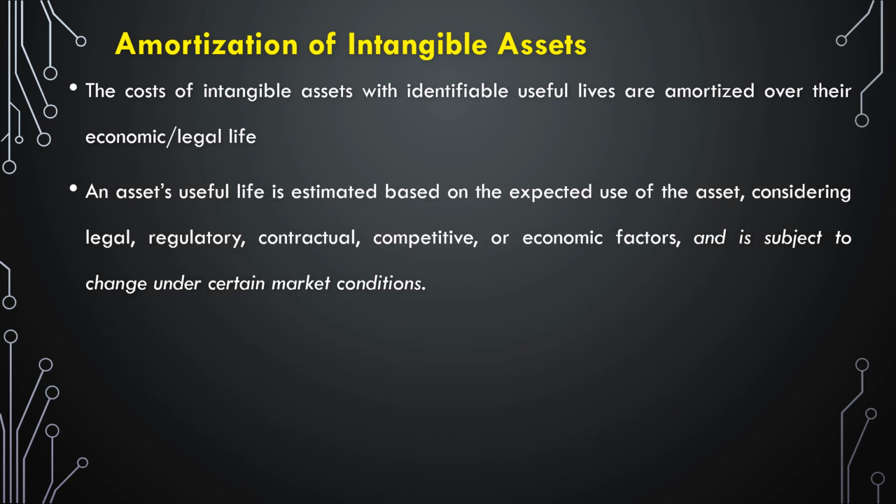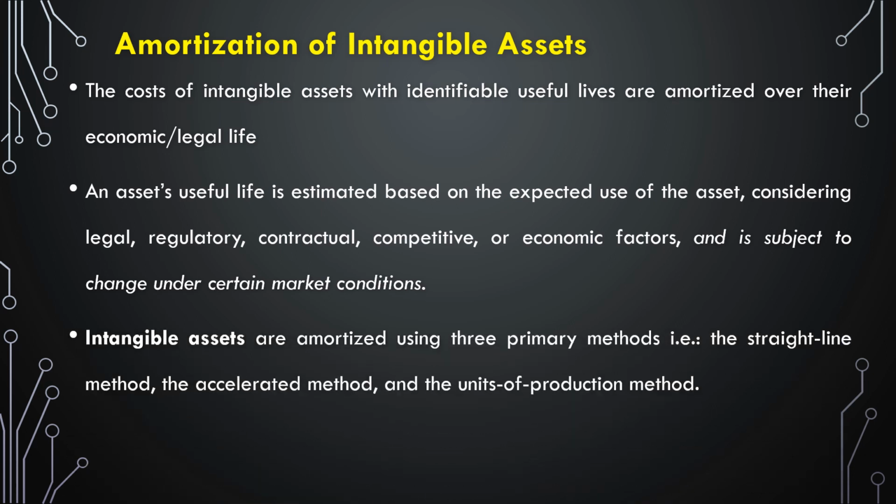An asset's useful life is estimated based on the expected use of the asset, considering legal, regulatory, contractual, competitive, or economic factors, and is subject to change under certain market conditions. Intangible assets are amortized using three primary methods: the straight line method, the accelerated method, and the unit of production method.